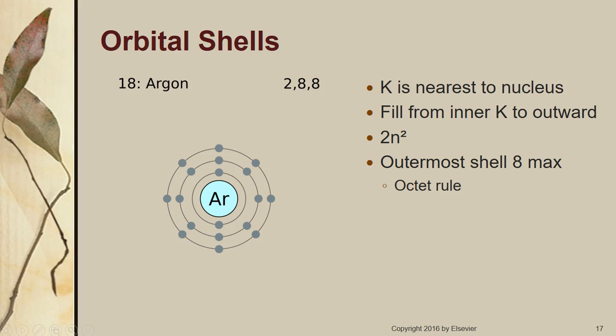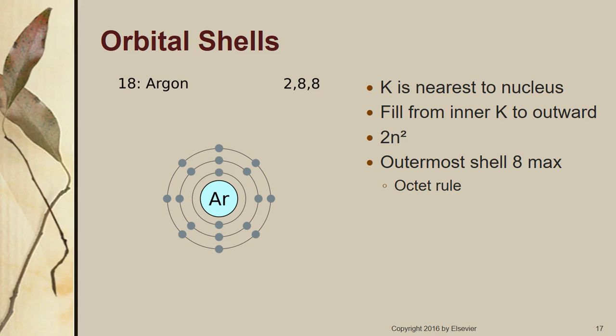But they fill from the K shell outward, with the outermost not filling completely, depending on the stability and nature of the atom. Each shell has a limit to the number of electrons that it can hold. Never, ever will you have more than 2 in the K shell.